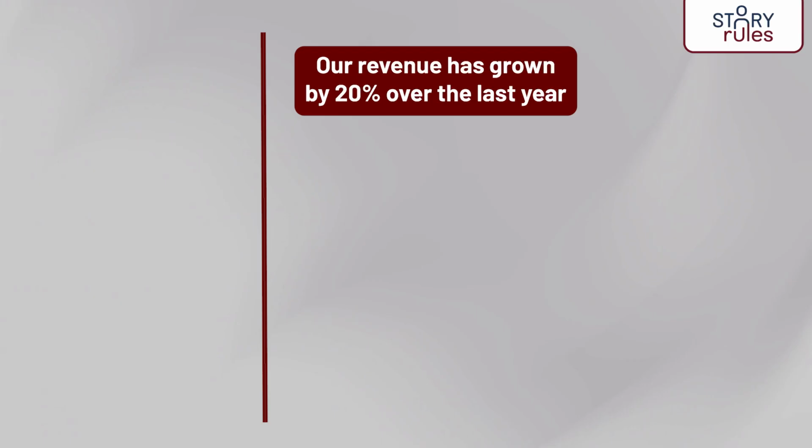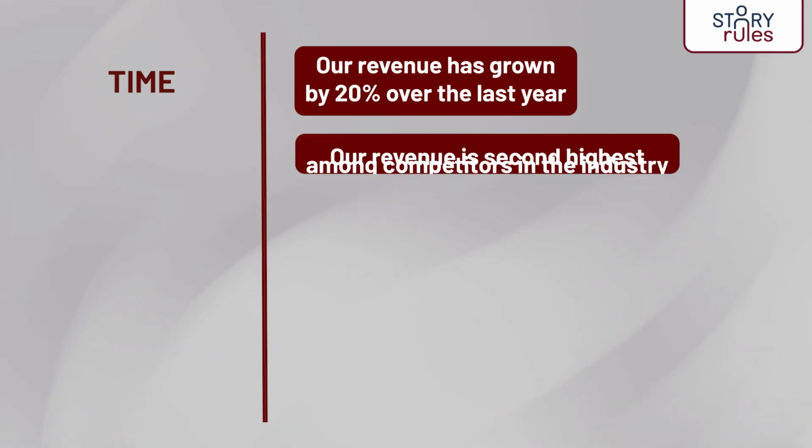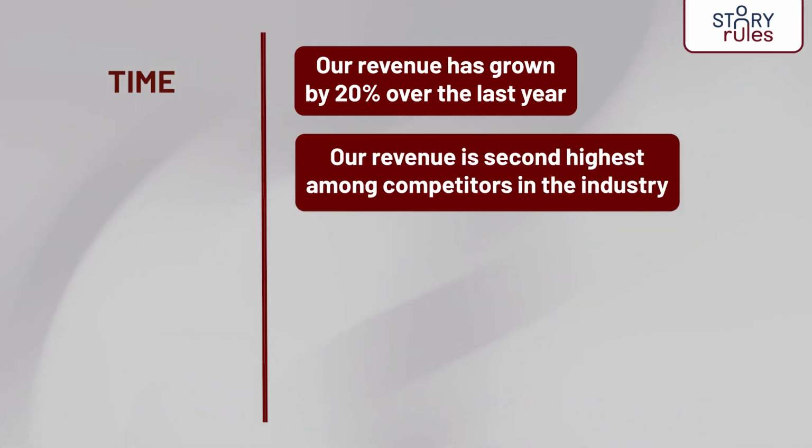Now, each of these messages deals with revenue, but each of them is using a different basis for comparison. For example, the first one, our revenue has grown by 20% over the last year, uses time as a comparison factor. The second one, our revenue is second highest among competitors, is using the comparison factor of ranking among peers.